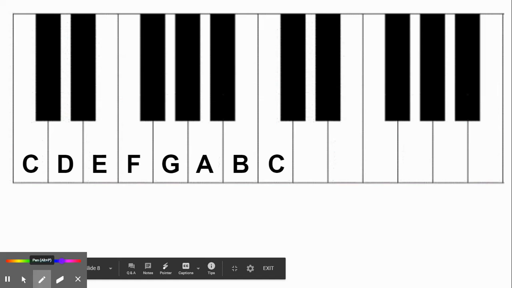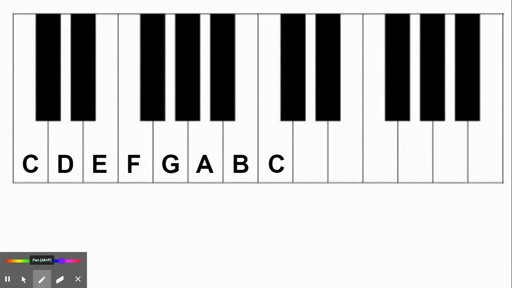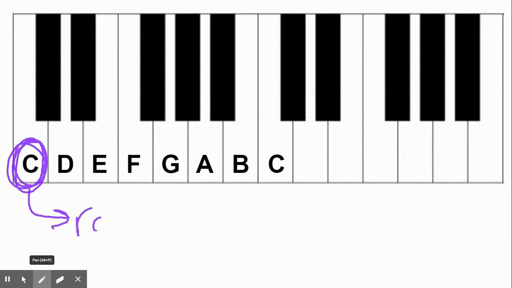When counting intervals, you must remember to count the root of your interval. So if C is the bottom end of my interval, that is called the root of the interval. And I'm going to count it as 1, and then 2, 3.